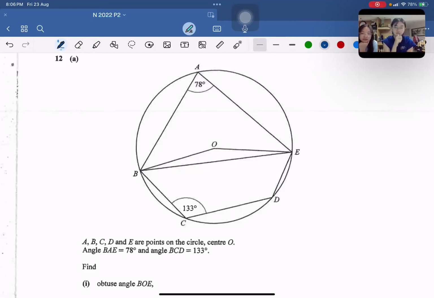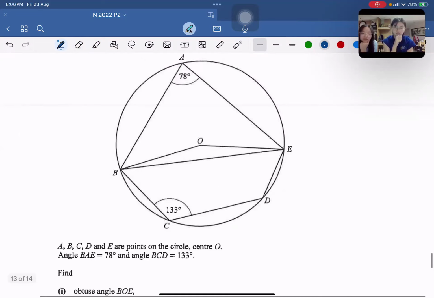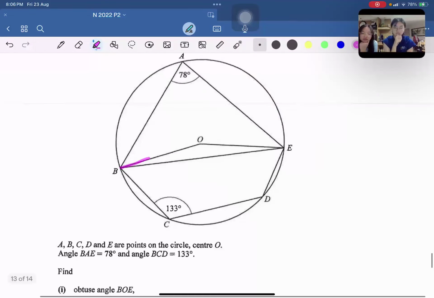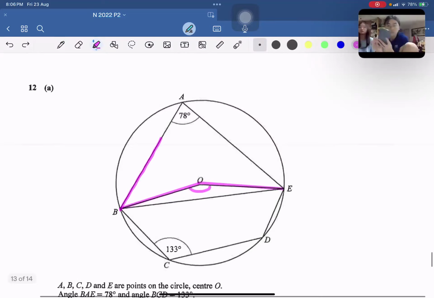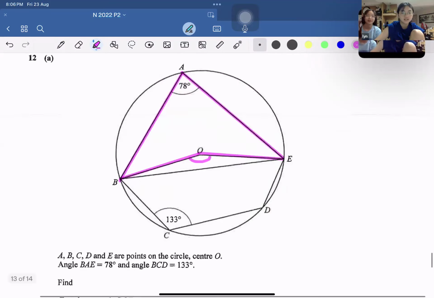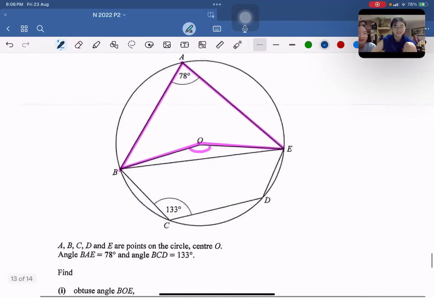Now first one, let's find the first angle. Find obtuse angle BOE. Like we have expected, BOE is my obtuse angle. Obtuse is this one. The one that is reflex is the one outside. So the obtuse angle is just this. What angle property are we going to use? Chinese dancer: angle at the center twice angle at the circumference.